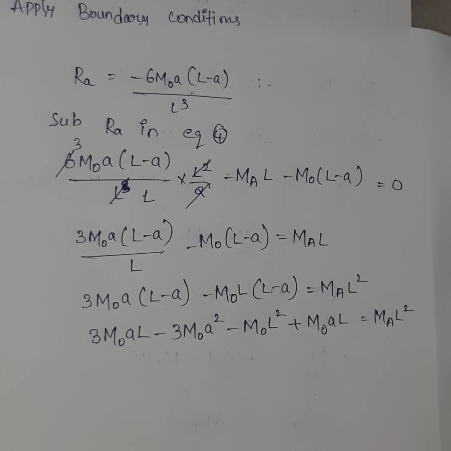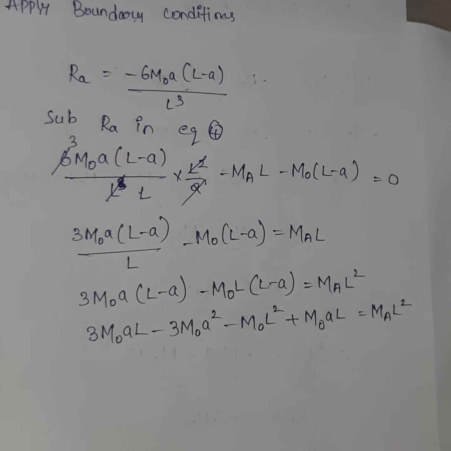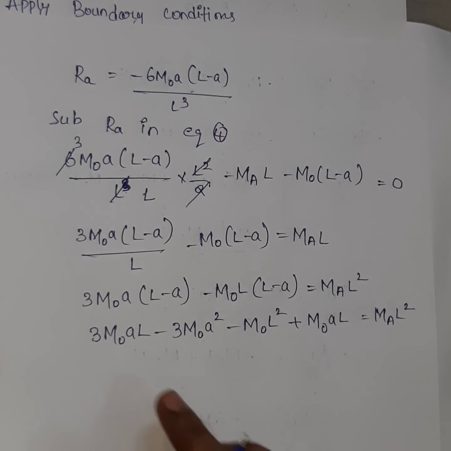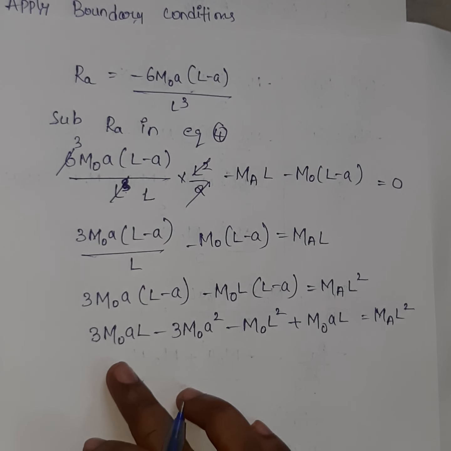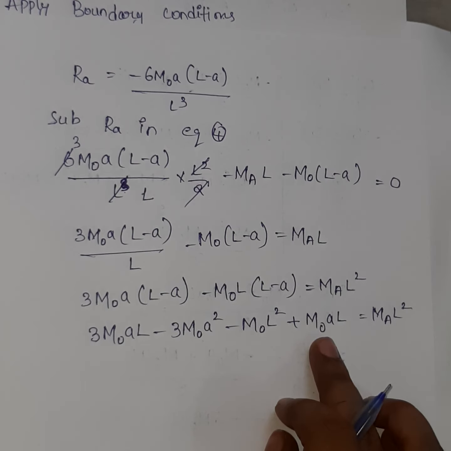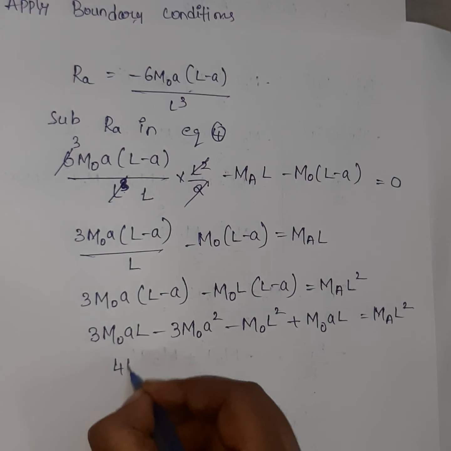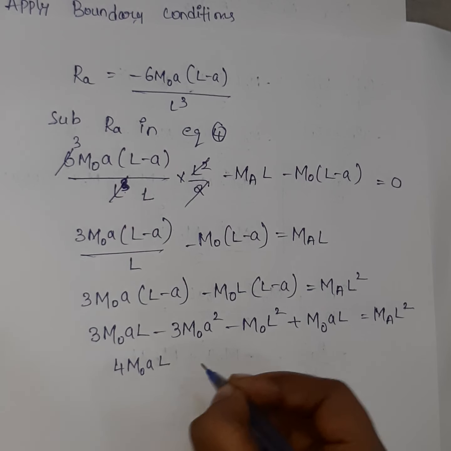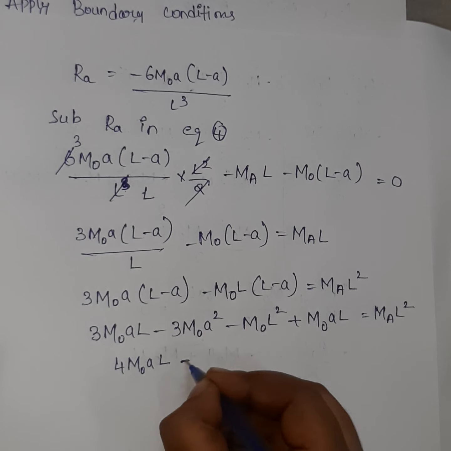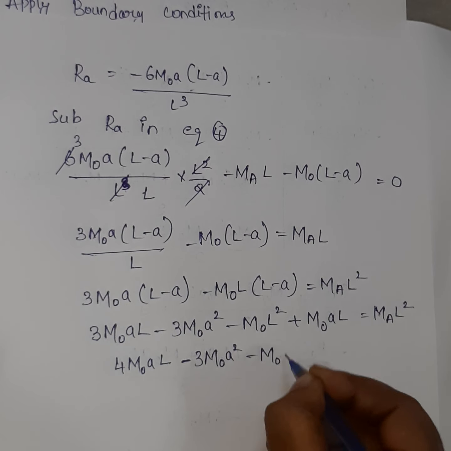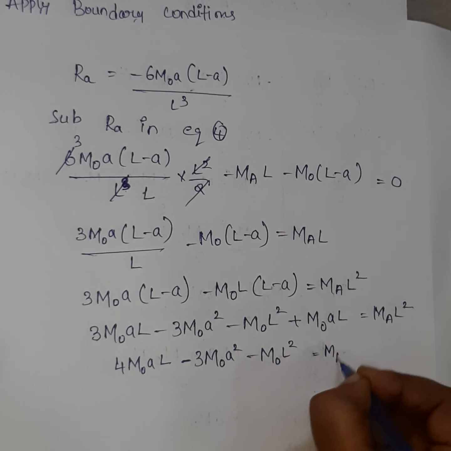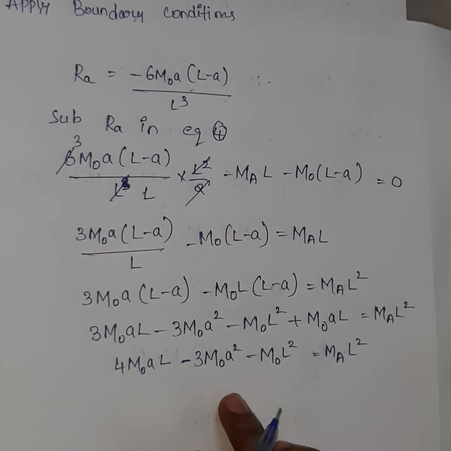Okay, now see here how the equation will be. 3 m naught a L and m naught a L make 4 m naught a L, minus 3 m naught a square, minus m naught L square is equal to ma L square. This is the equation you have written, right?